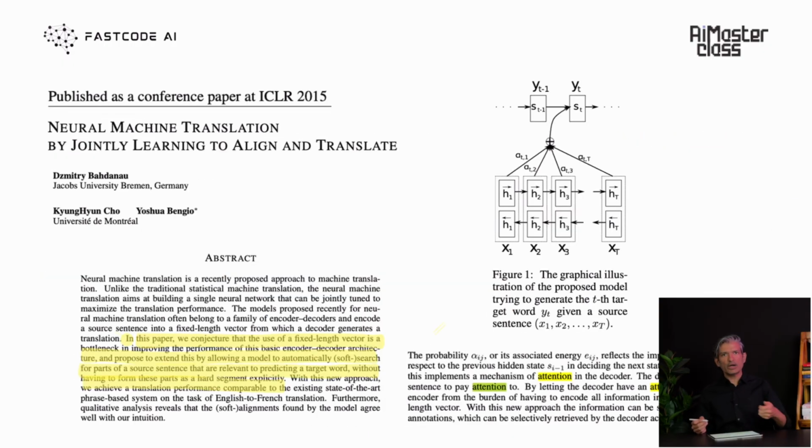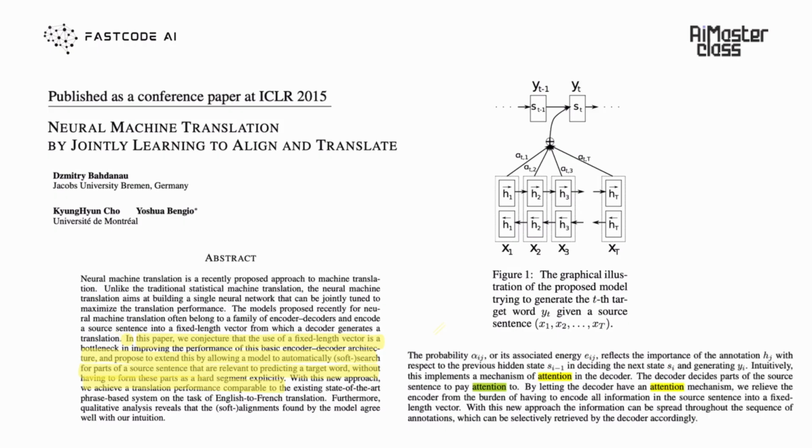A lot of people knew about these problems and were thinking about how to solve them. The first time the word attention was used was in this paper called Neural Machine Translation by Jointly Learning to Align and Translate.